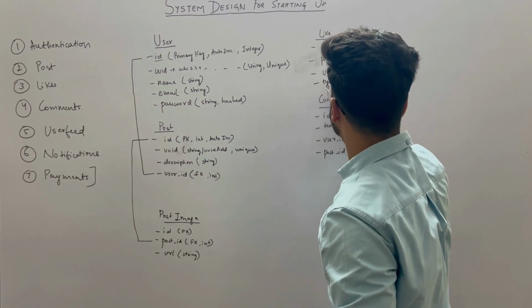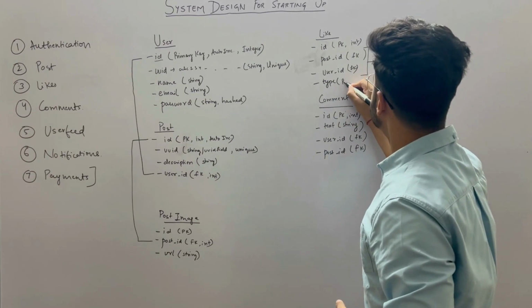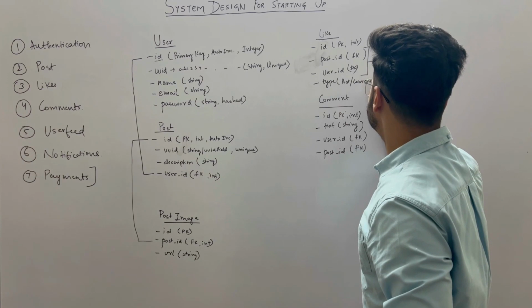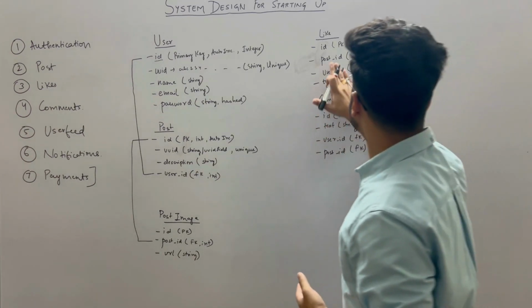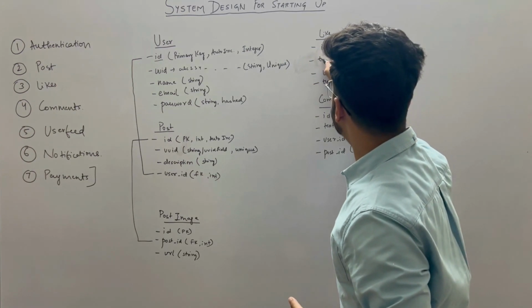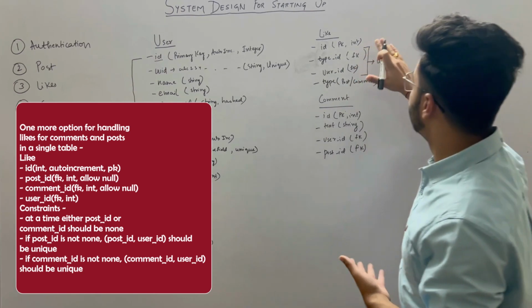type, and type will have two options. Suppose post, comment, and then you can remove this post ID and name it as type ID. And this will not be a direct foreign key, of course.